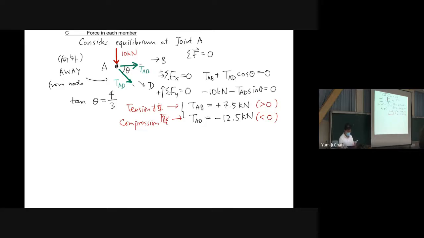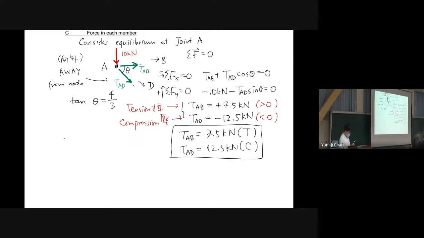Therefore, to write down the answer, we do it this way. TAB is 7.5 kilonewton bracket T. And for TAD, it is 12.5 kilonewton bracket C.